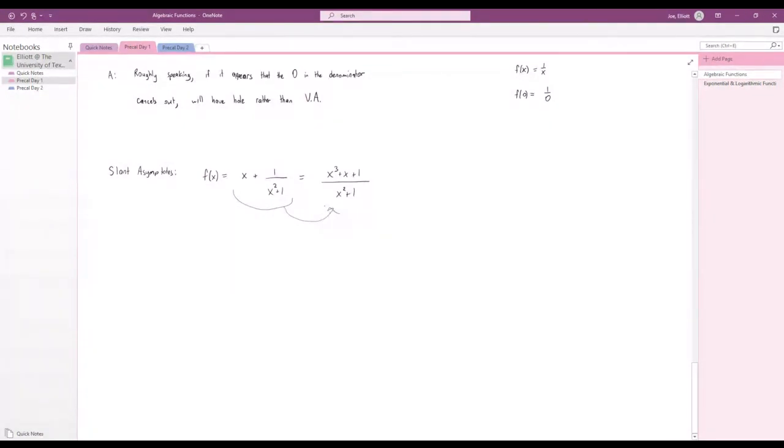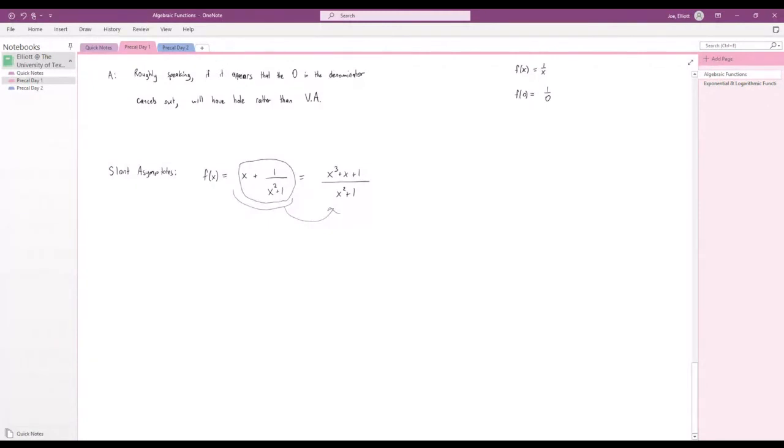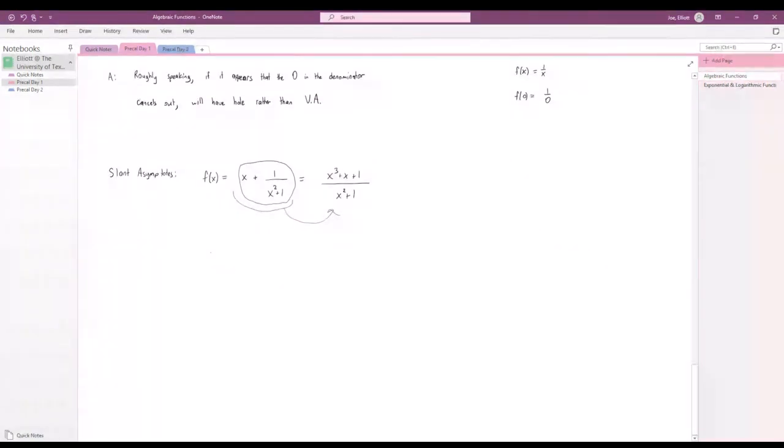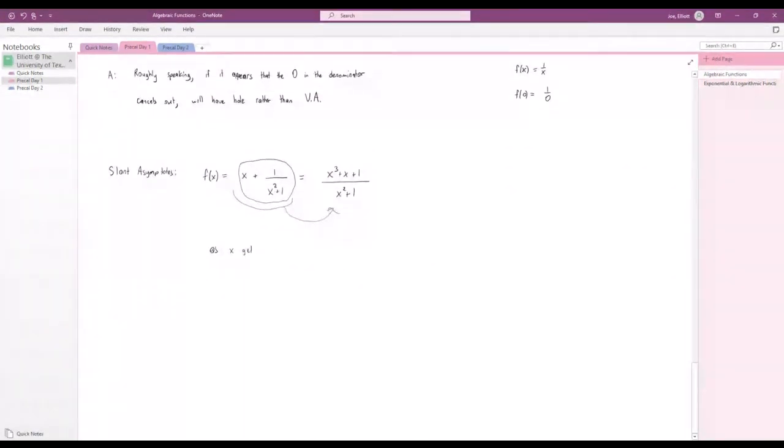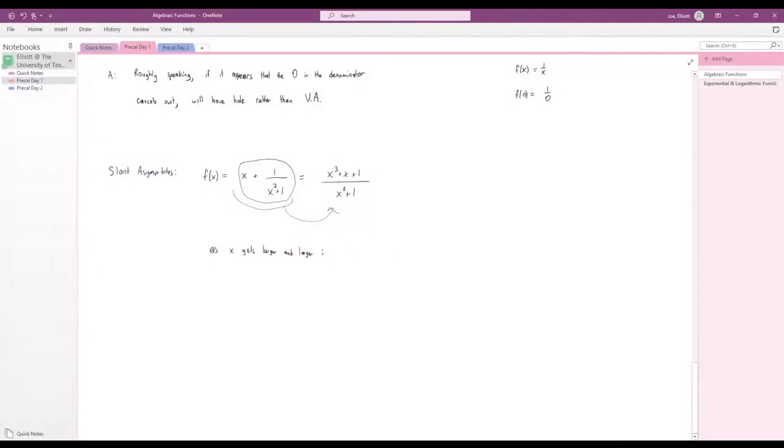If we look at this expression of our function and think about what's happening as x gets larger and larger, in particular the 1 over x squared plus 1 term: if x is really big, you have 1 divided by a really big number, which is a really small number.